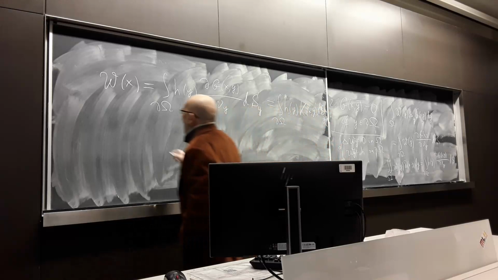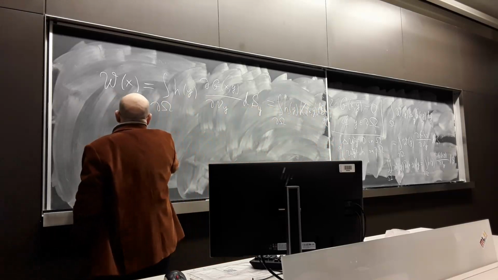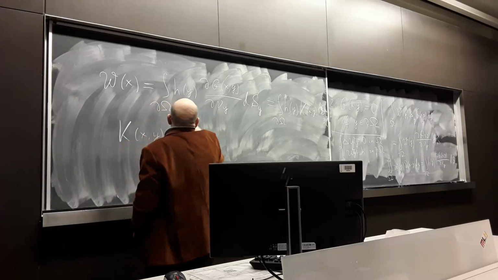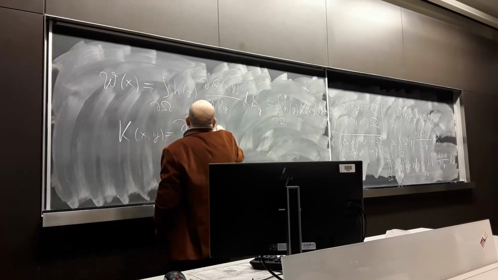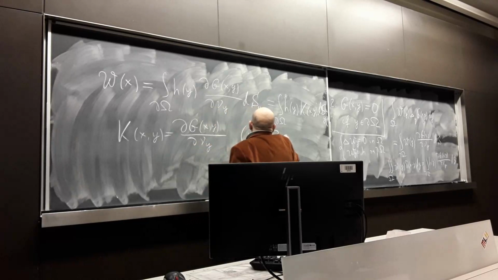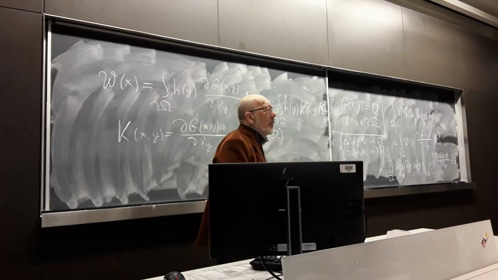So k of x y equals dG of x y over d nu y, where y is a point on the boundary.